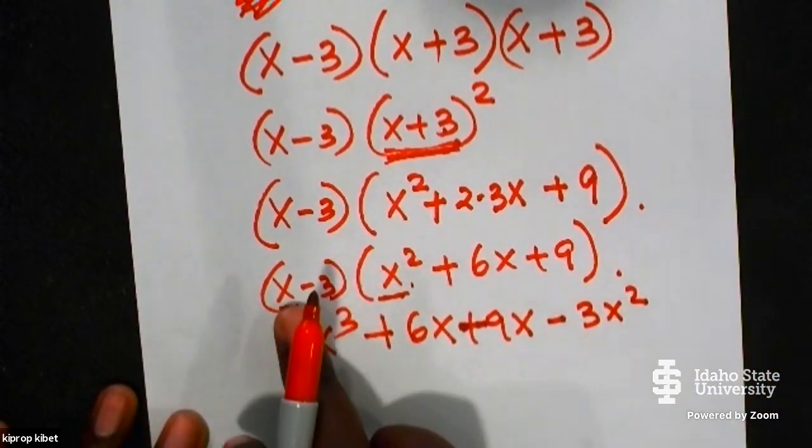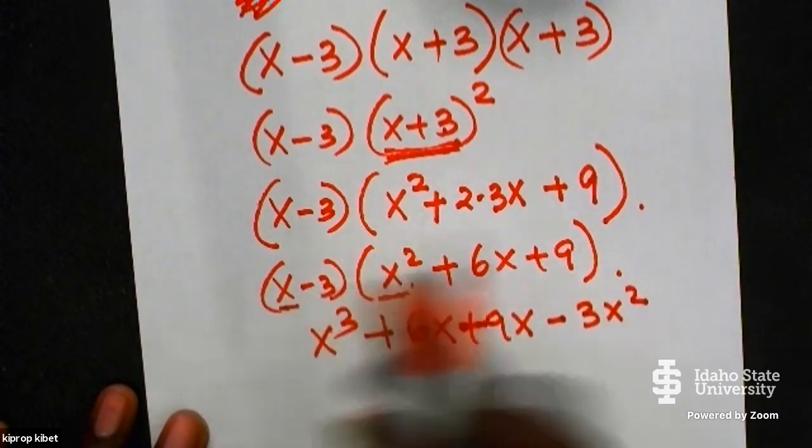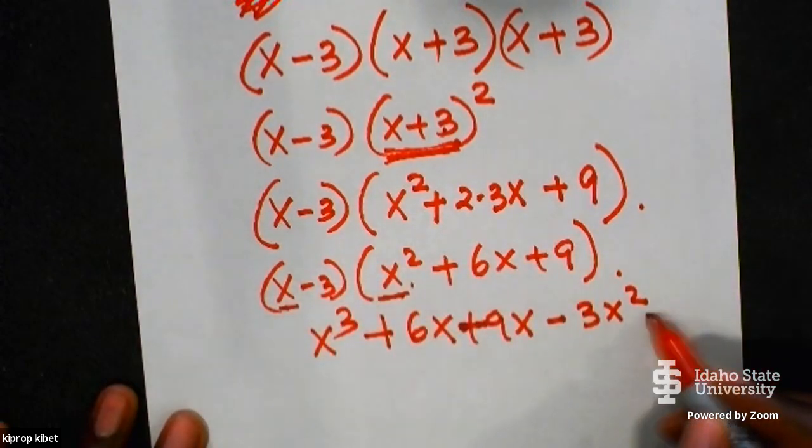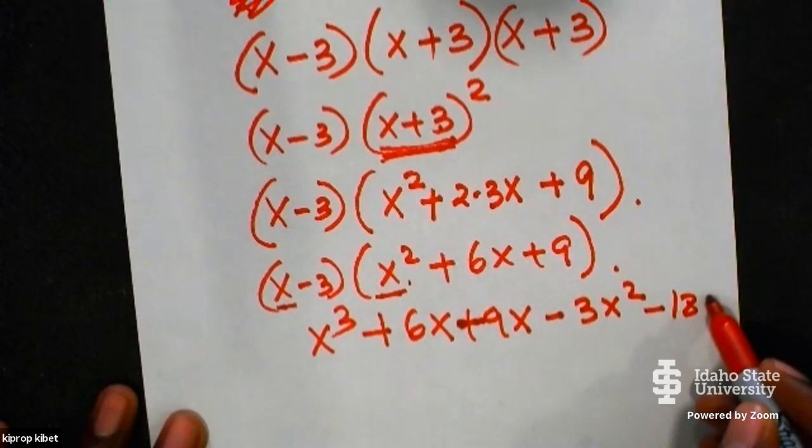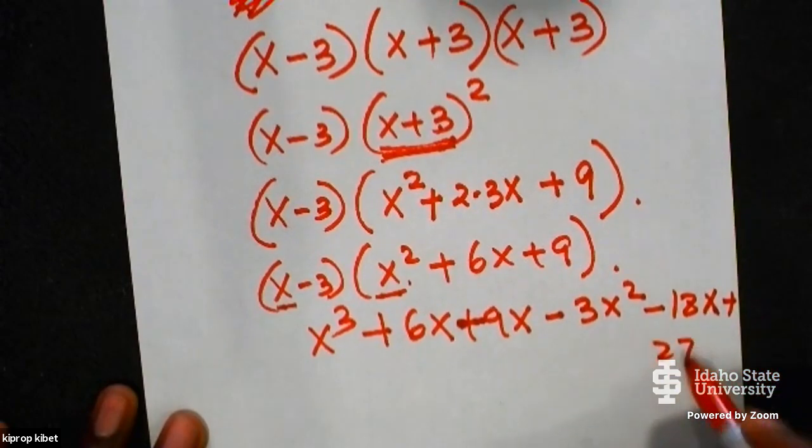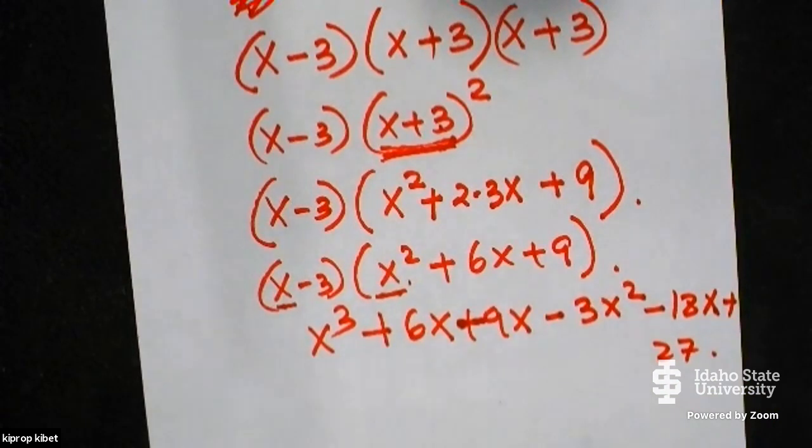Then this and this is minus 18x, and then plus 27. Are we getting the correct answer?